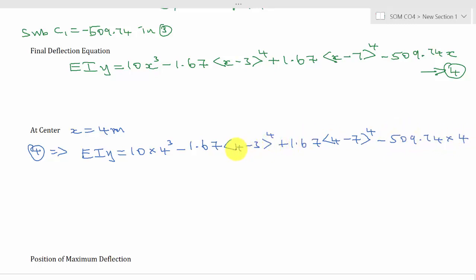So here in this bracket you will get the positive value. So here you will get the negative value. So neglect this term and consider the remaining terms. So if you solve this, then you will get EIY is equal to minus 1415.66 and it will be in kilonewton meter cube.